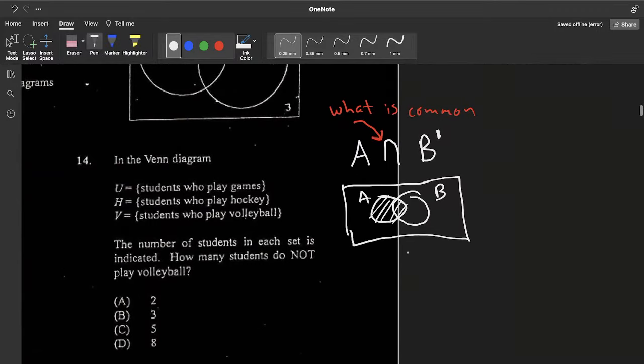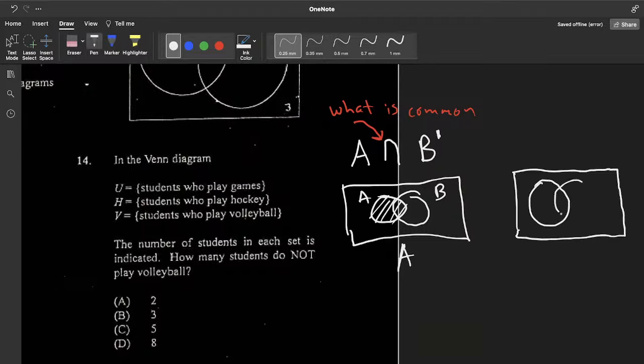Now, let's try for B. So this is A, and now we'll do B complement. If you never heard about B complement, what that means is everything outside of B. So if this is B, B complement would be everything outside here that's not inside of B. If you look here now, we realize that we have a common shaded area, and the common shaded area is this part here, as well as this.